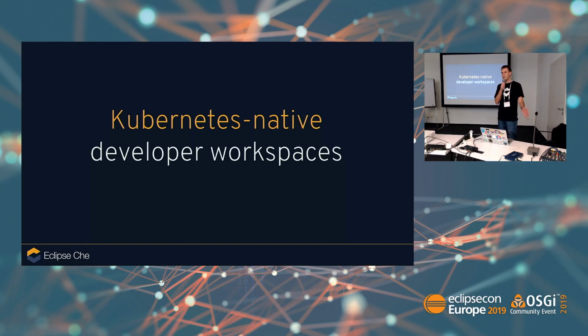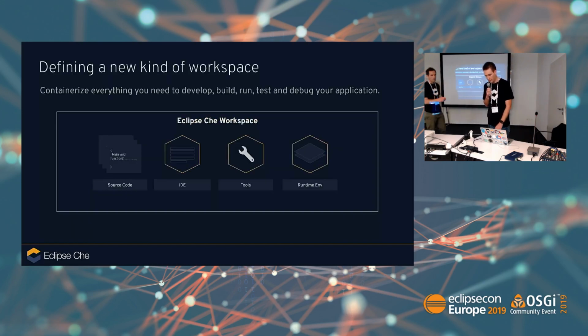So the editor is running inside of a container. All the plugins and all the tools that are used by the editor are also working inside of containers, and you can bring your application runtimes directly inside of your workspaces.